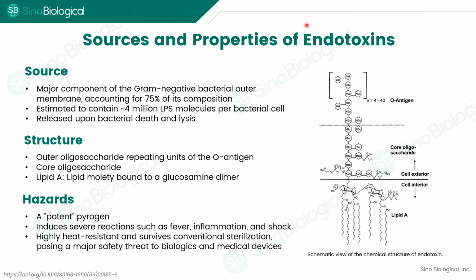The middle part, called core oligosaccharide, is relatively conserved. And the bottom part is called lipid A. The lipid A is the most conserved part in the bacteria and also the biologically active component of the endotoxin. This hydrophobic region adopts a highly ordered structure, which also makes it hard to remove.